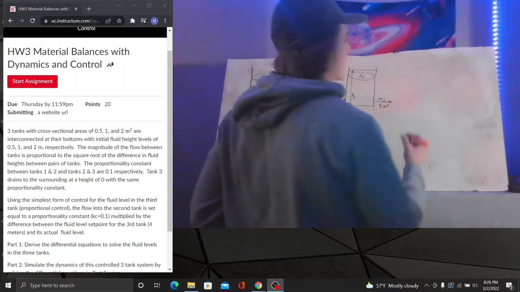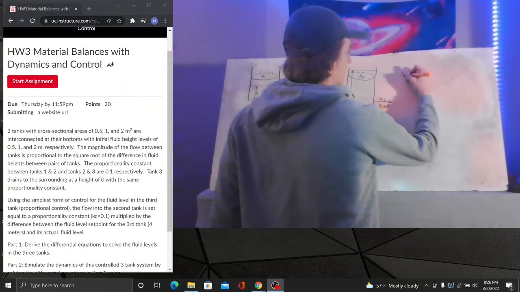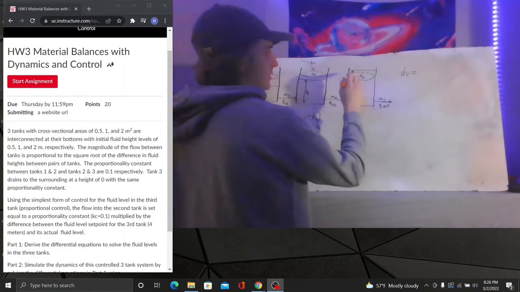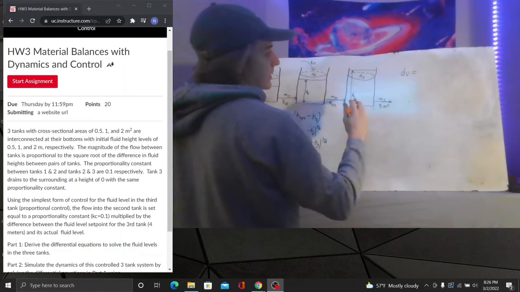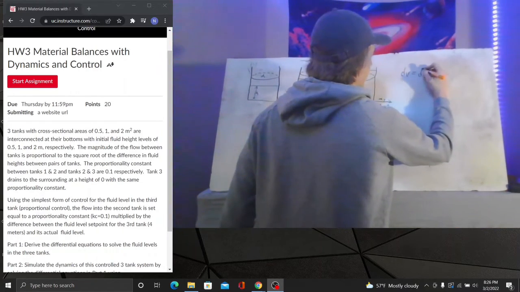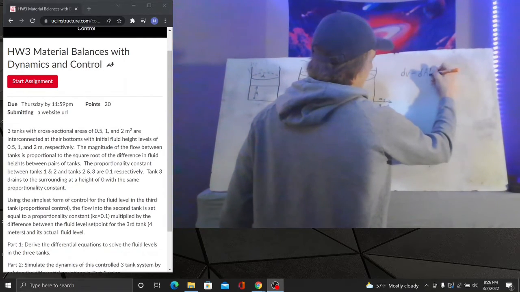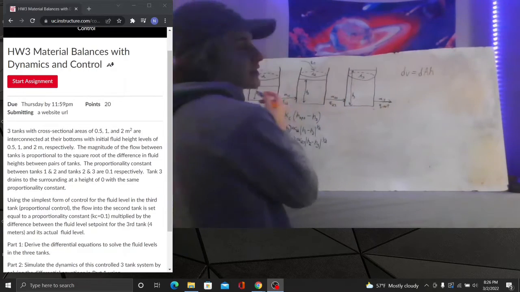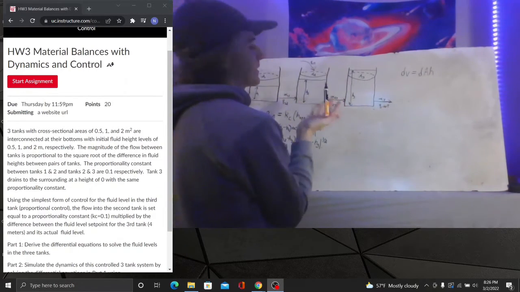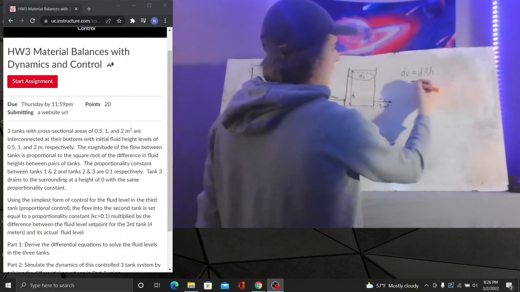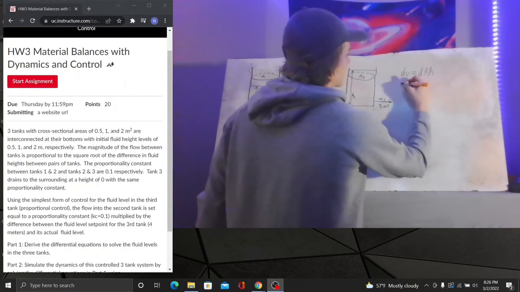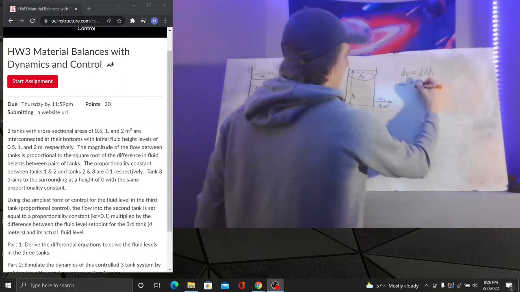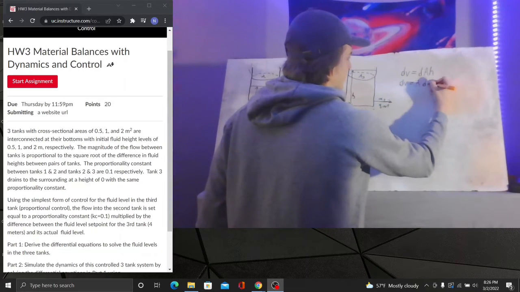So we can figure out that the change in volume will equal, and since volume equals the cross-sectional area times the height, change in volume will equal the change in area times the height. But for each of our containers, the area is going to be staying the same. So we can take that out, so our change in volume will just equal area times the change in height.